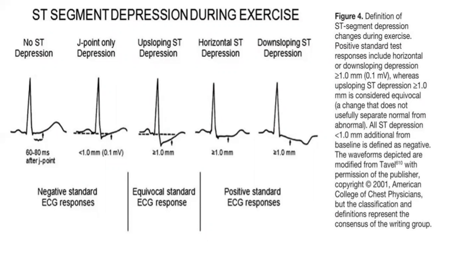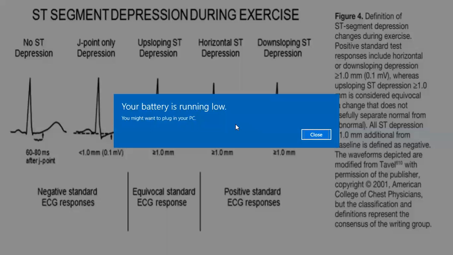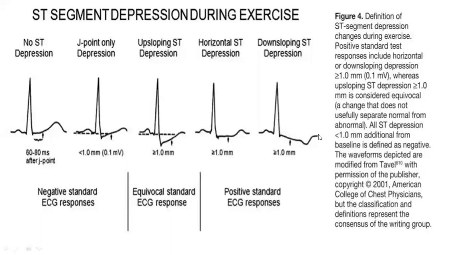Definition of ST segment depression is the changes during exercise, position, standard twist. Responses include horizontal or downsloping depression above 1 mm, whereas upsloping ST depression above 1 mm is considered equivocal.